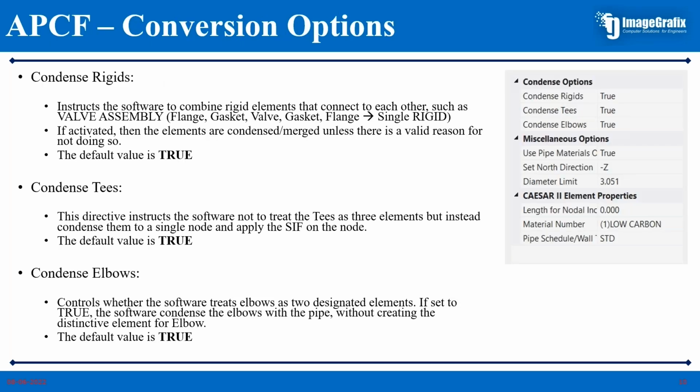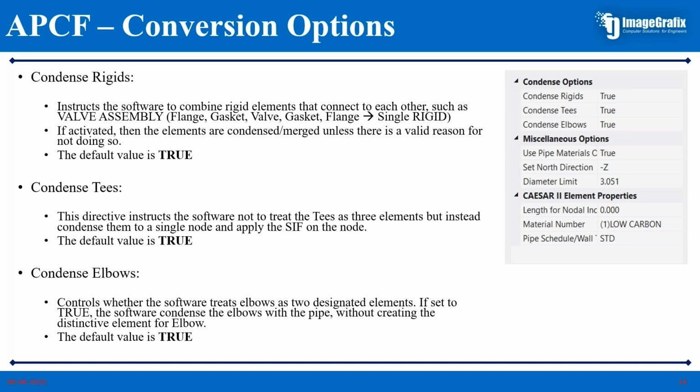Then in the advanced PCF files, the basic options in the main window are your condense options. The condense option has 3 things: condense rigids, condense tees, and condense elbows. Condense rigids: the most common rigid assembly will be your valve assembly, which contains your flange, gasket, valve, gasket, and flange.